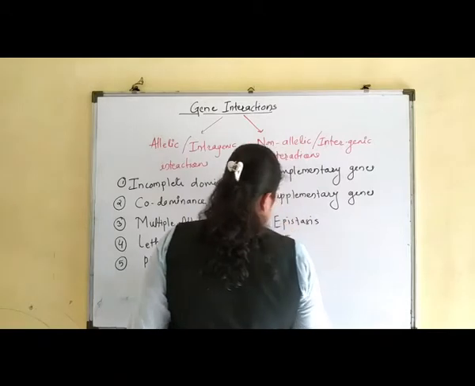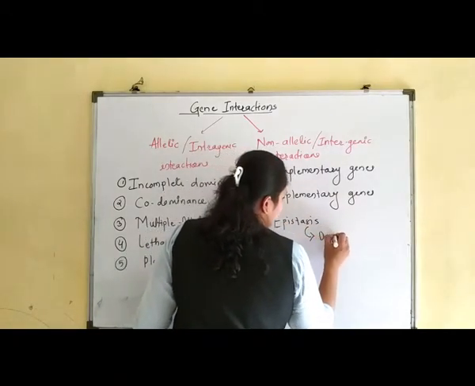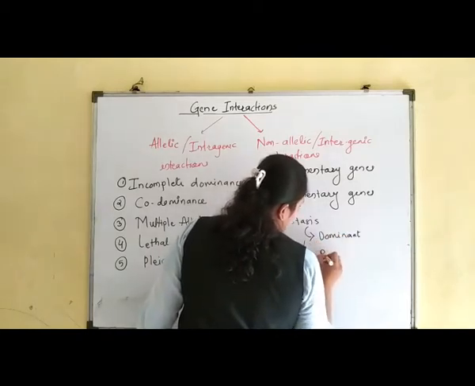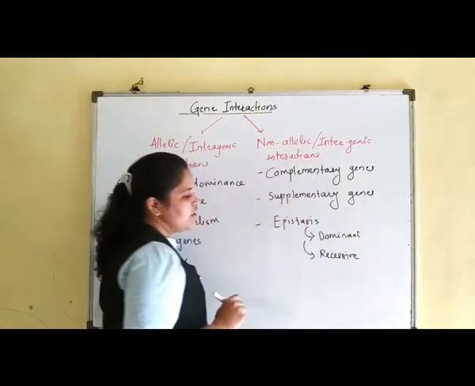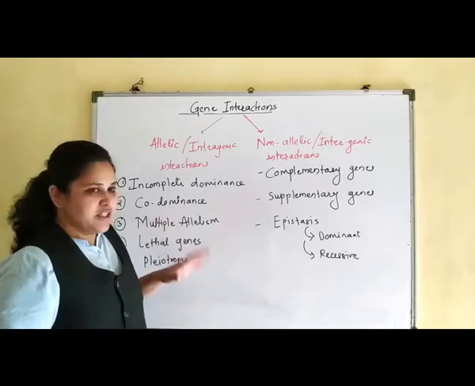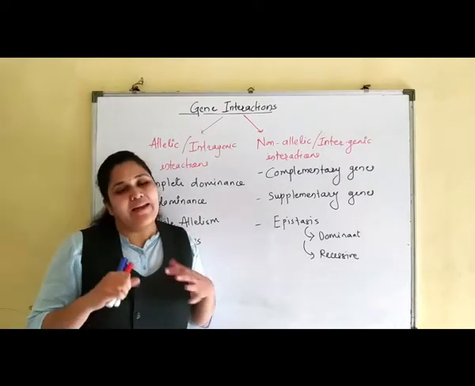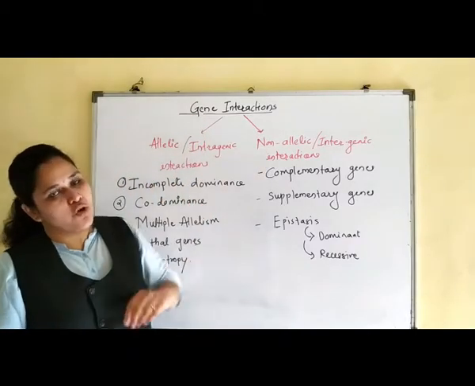Epistasis is of two types: dominant epistasis and recessive epistasis. Fine, we will see all these concepts in detail. So interactions among different alleles of a gene or alleles of different genes are known as genetic interactions or gene interaction.